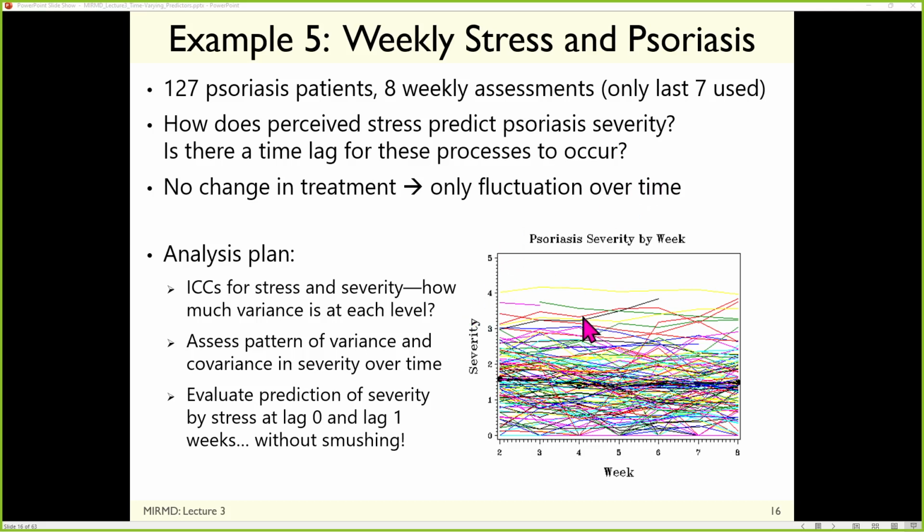So the questions then to go through the process, all the steps that I'm skipping, as we discussed yesterday. ICCs for stress and severity is the first pass. Do I have longitudinal data and how much of each kind? Then, given that I'm trying to predict severity, I want to assess its pattern of variance and covariance so I can get the right time model with respect to the model for the variance, not necessarily the model for the means. And then try to figure out whether or not there is a relationship between stress and severity, but the reason they wanted to do the study was to look at the lag.